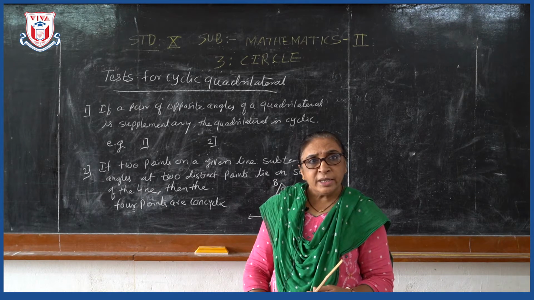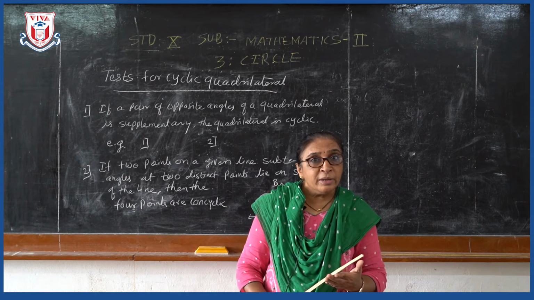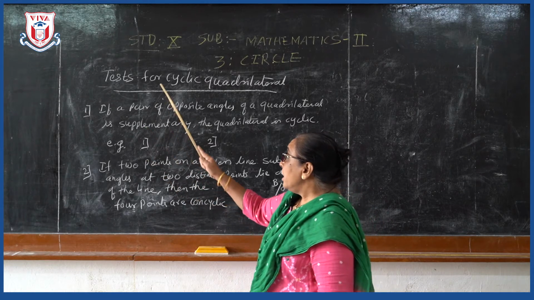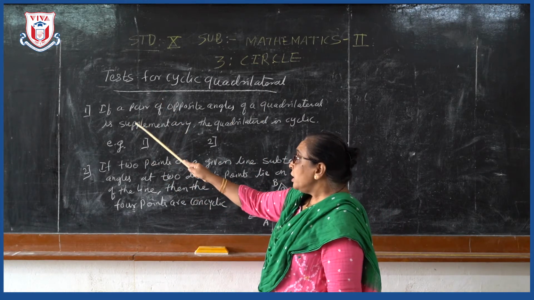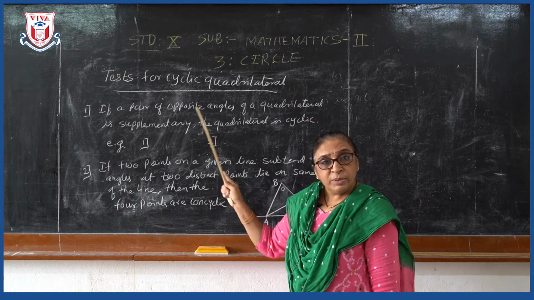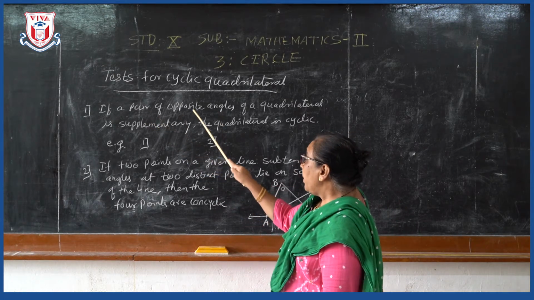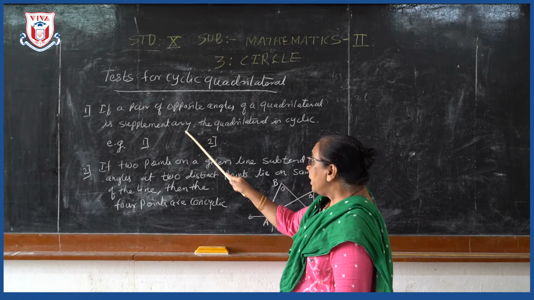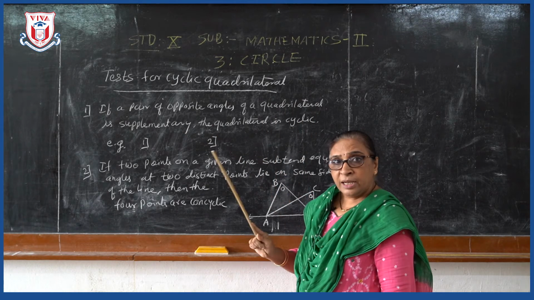That means we can determine whether the given quadrilateral is cyclic; that is the test for cyclic quadrilateral. Now, the first is what? The converse of this cyclic quadrilateral theorem, that is, if a pair of opposite angles of a quadrilateral is supplementary, then the quadrilateral is cyclic.